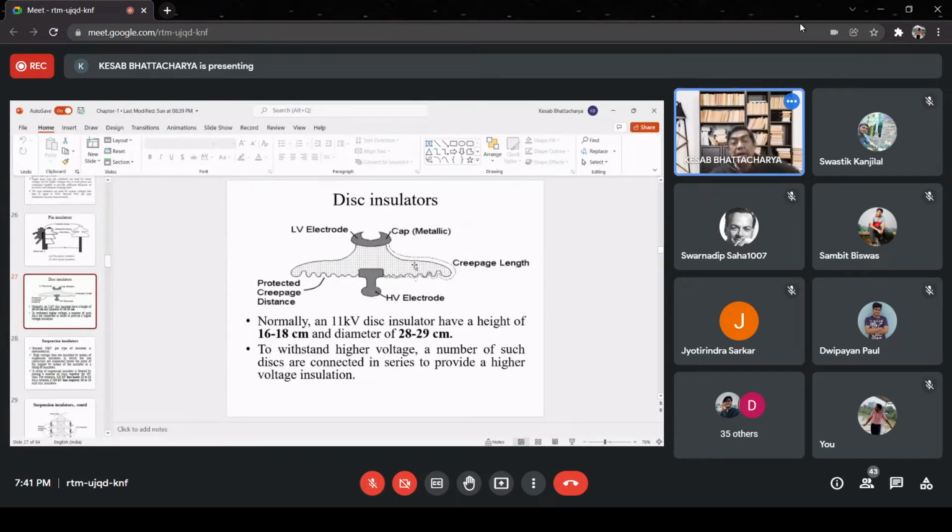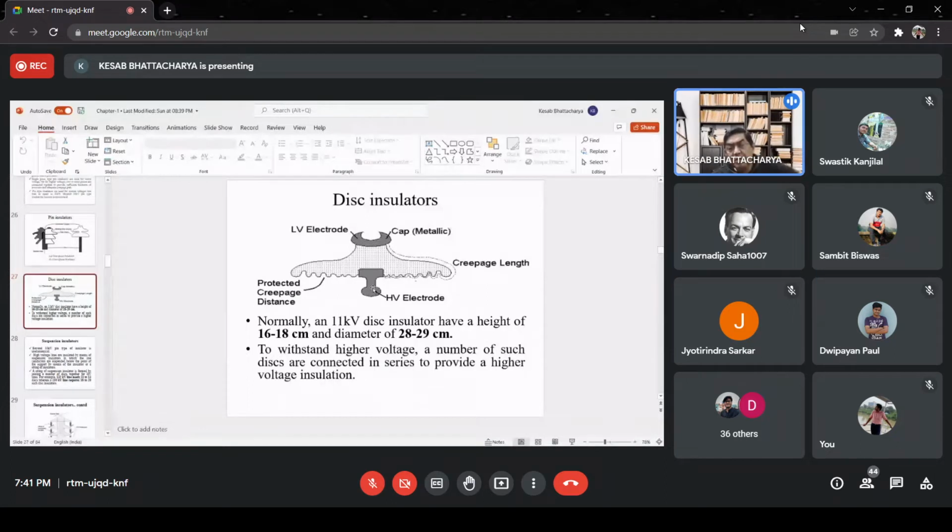Now these disc insulators are joined together to form a string of suspension insulator. That is, the units of suspension insulators are basically disc insulators. How it is connected, we also mentioned in the last class. The spherical portion of the high voltage electrode is placed in the top cap of the next disc insulator.